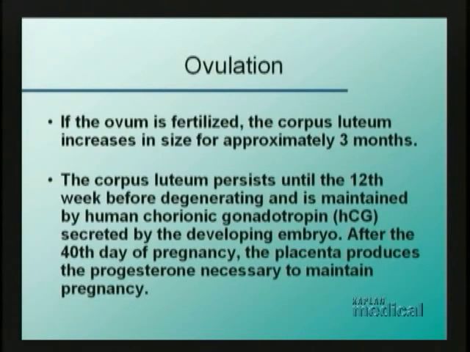And if that ovum is fertilized, as we pointed out, the corpus luteum will increase in size for the next 3 months, and its progesterone output is then maintained by human chorionic gonadotropin that's produced by the syncytiotrophoblast cells in the developing embryo. And following about the 40th day of pregnancy, the placenta takes over progesterone function such that the corpus luteum's functional role is decreasing through the balance of pregnancy.